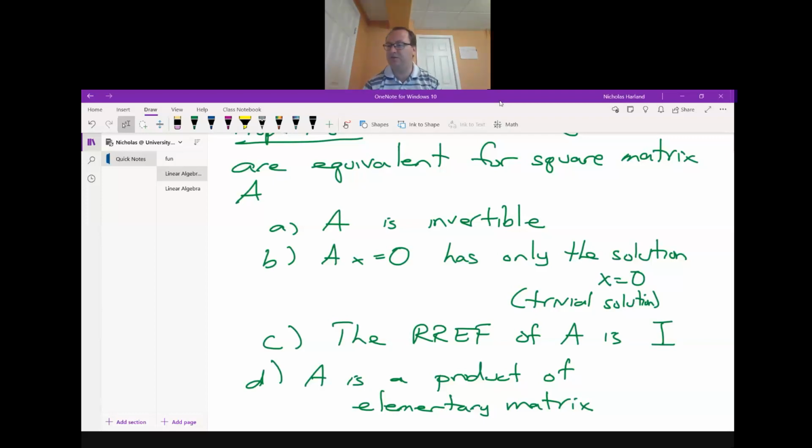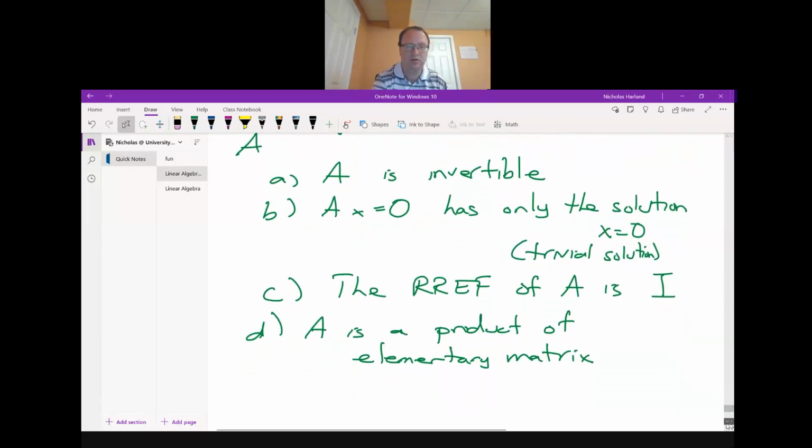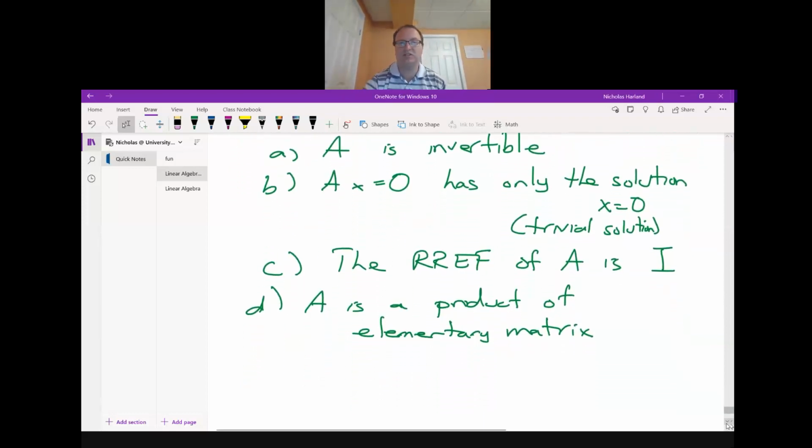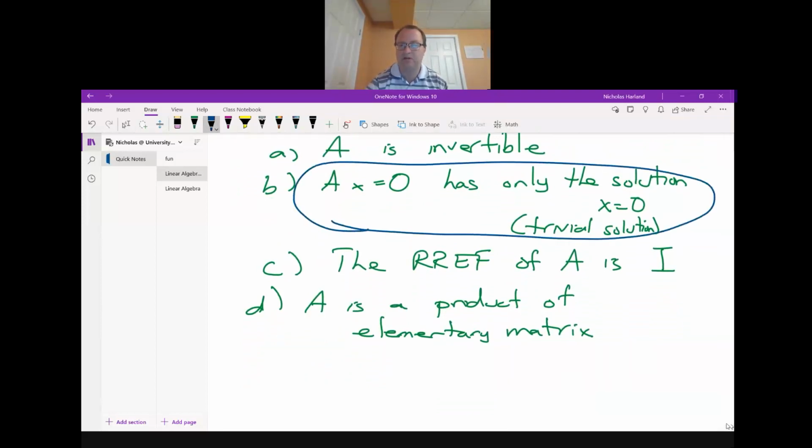But there's a few more properties that should seem like they happen at the exact same time, in terms of a couple more types. So this is going to look a little bit more like what we're dealing with. This was an example of a homogeneous system of equations.